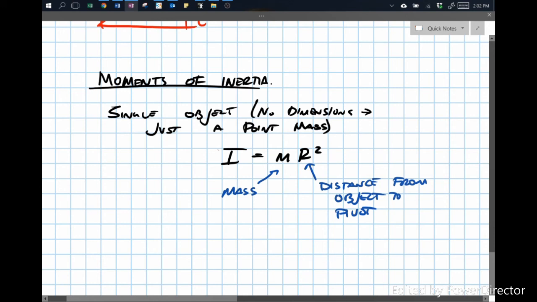And then we have a ring, disc, and a sphere, all at their centers of mass. A ring is going to be mr squared, a disc is going to be 1/2 mr squared, and a sphere is going to be 2/5 mr squared. You just need to know those 5.